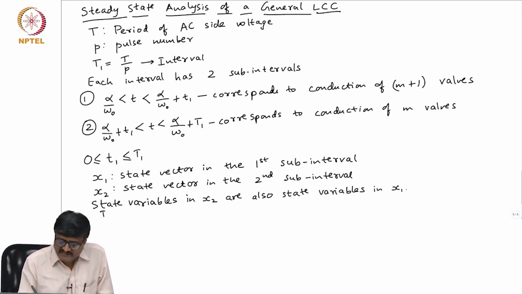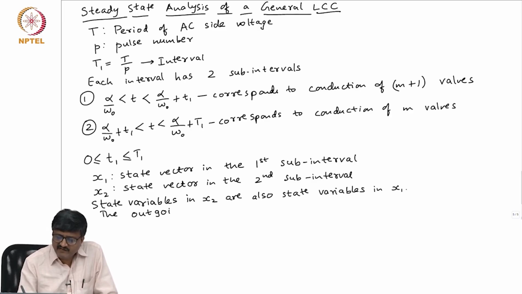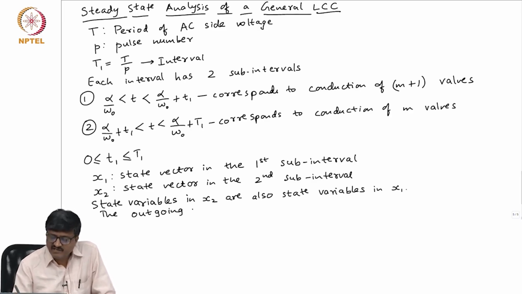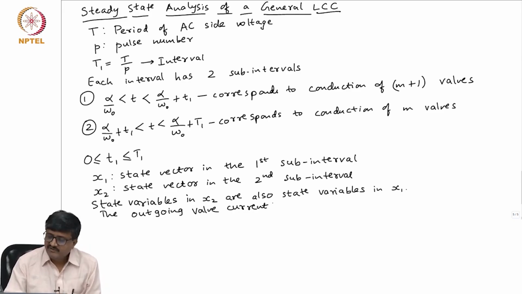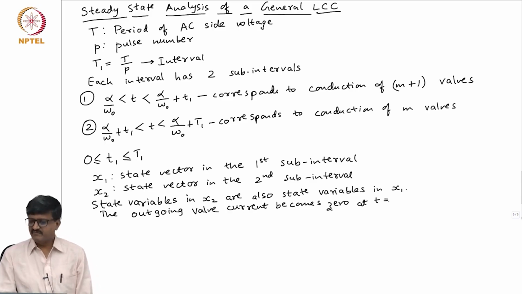Okay. So, we say the outgoing valve, outgoing valve meaning the valve which stops conducting, the outgoing valve current actually becomes 0 at what instant? At t equal to, for the time being I am trying to write equations with independent variable time. It becomes obvious quickly why I am switching to time.